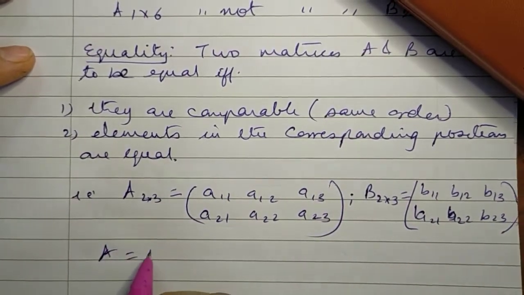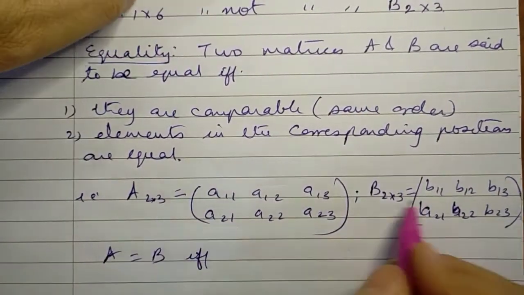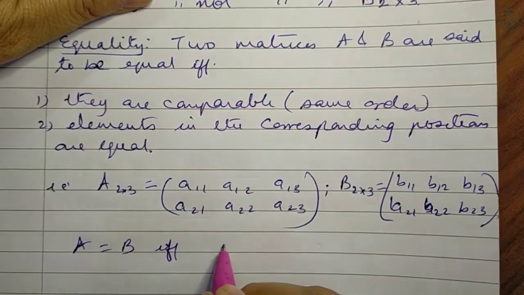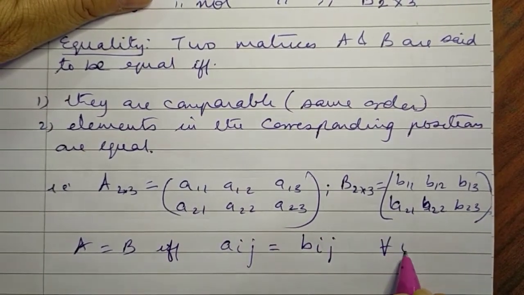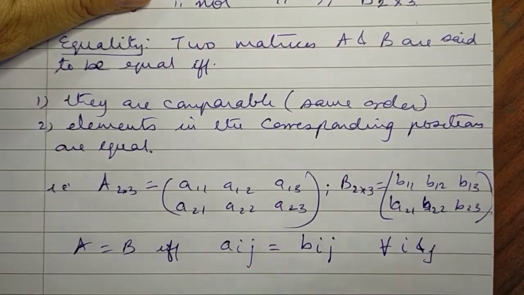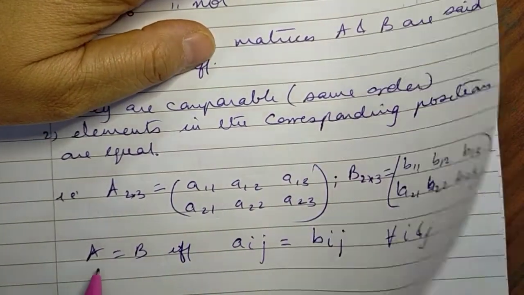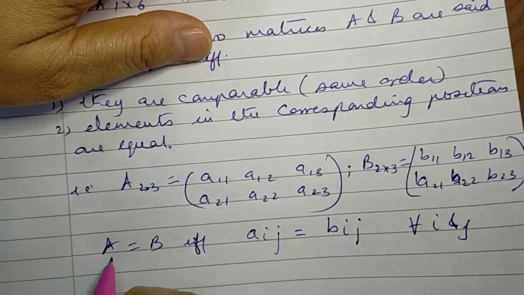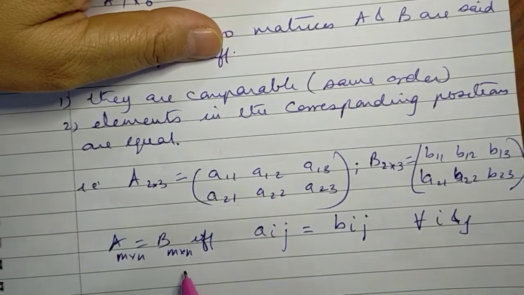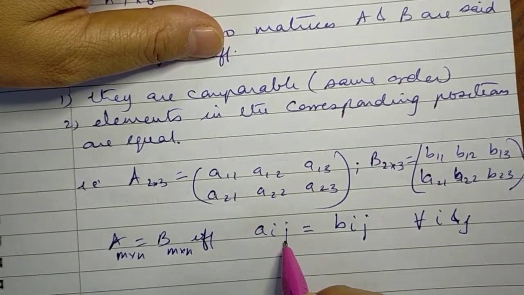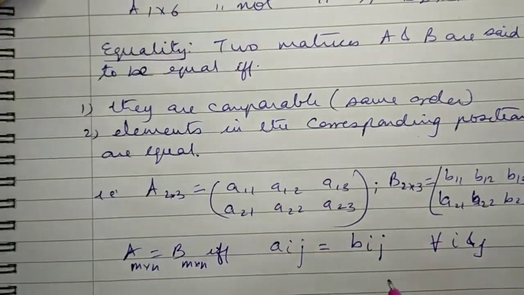So A equals B if and only if aij equals bij for all i and j. So they have to be of this form. In general, A of order m by n is equal to B of order m by n if and only if aij is equal to bij for all i and j.